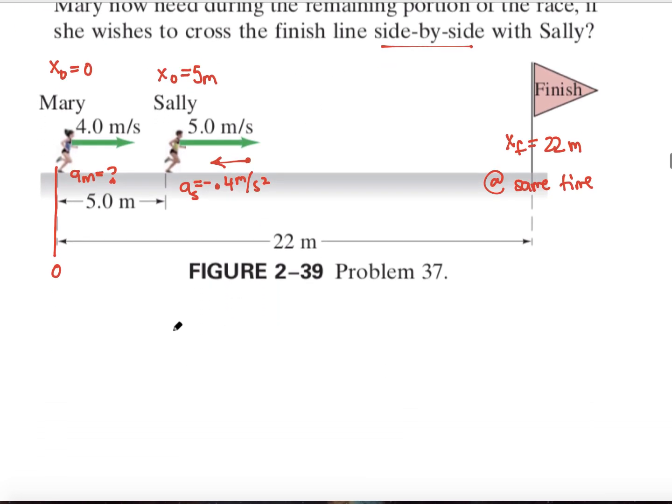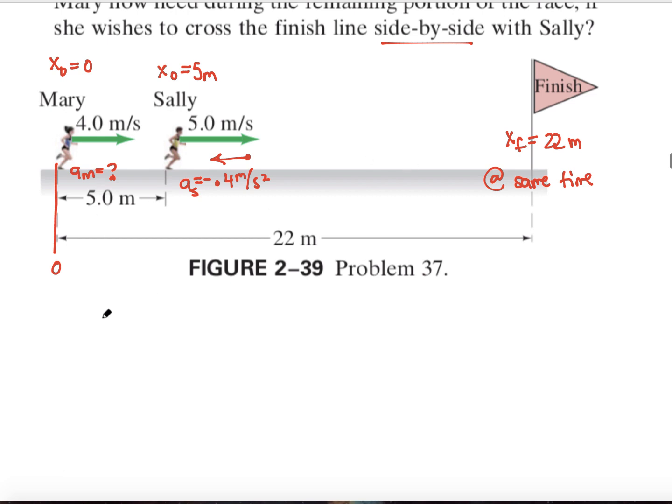So let's start by writing out our knowns again. I have Sally first, this is part 1. So Sally has a final position of 22 meters, an initial position of 5 meters. She has an initial velocity of 5 meters per second, and she has an acceleration of negative 0.4 meters per second squared.